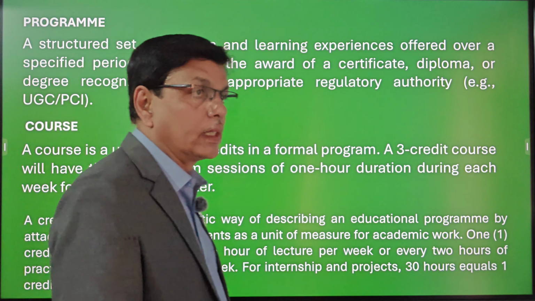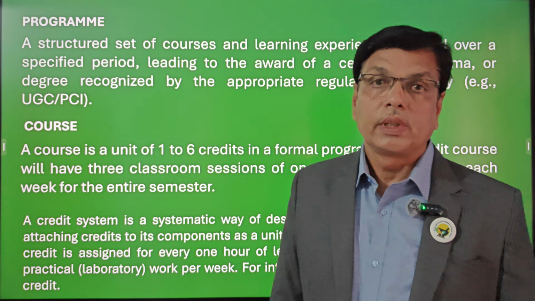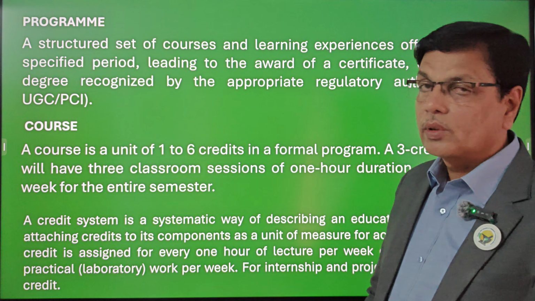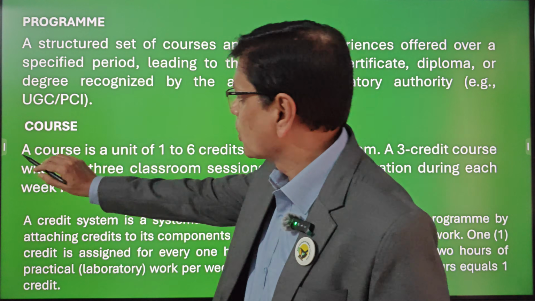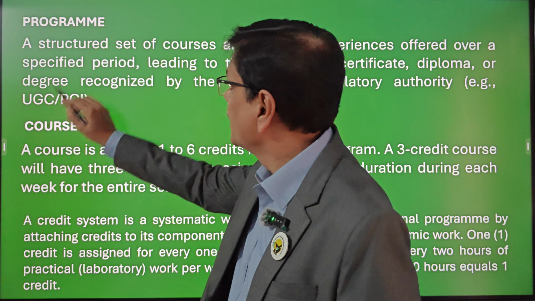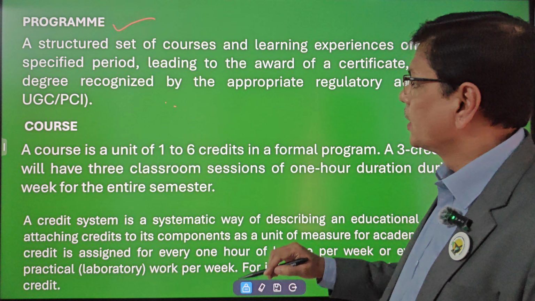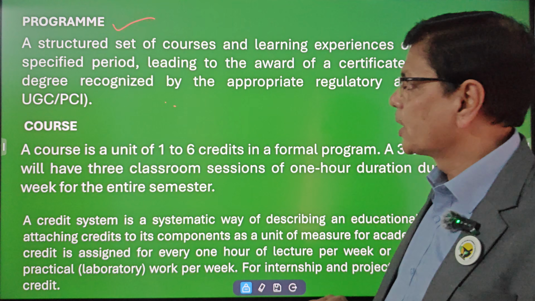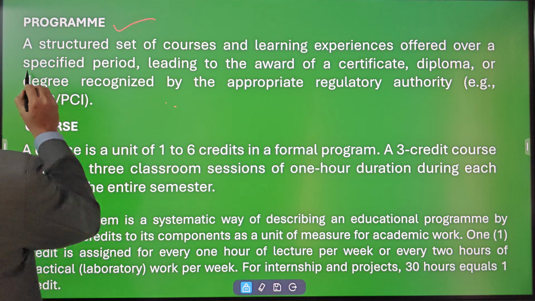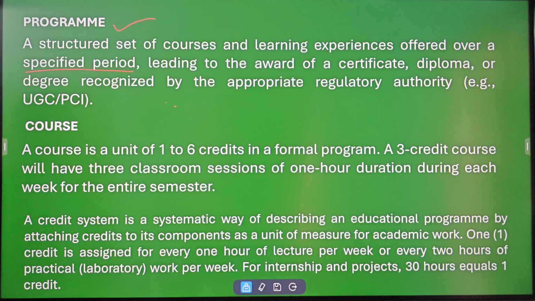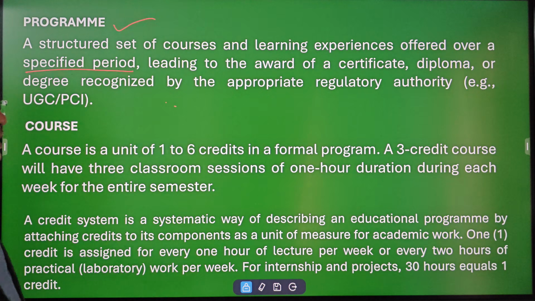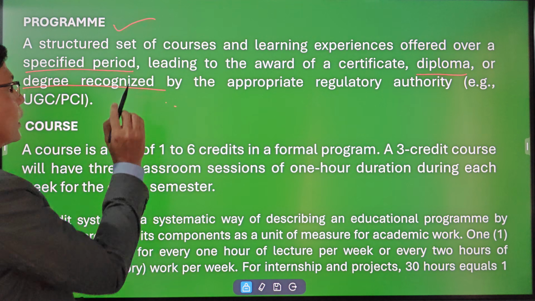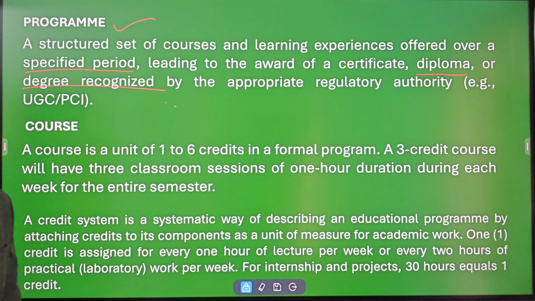Let us look at some definitions for new young staff members, which I would like to clarify. The meaning of program: a structured set of courses and learning experiences offered for a specified period, leading to the award of a certificate, diploma or degree recognized by the appropriate regulatory body.